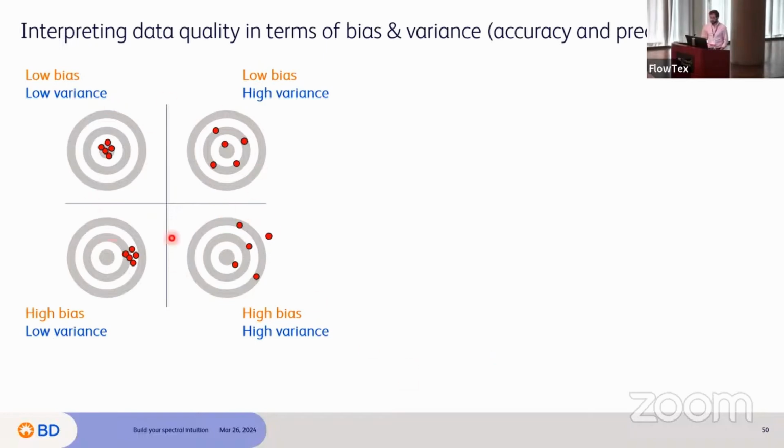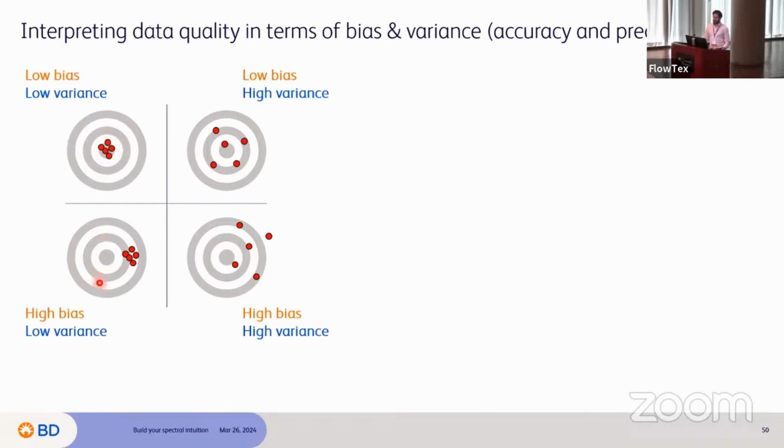This is just sort of ripped off from how Wikipedia illustrates this, and most of you are probably familiar with it, but I'll quickly illustrate it here, that we can think about having low bias and low variance, where we're very correct, and on average, our predictions are all really close to each other.